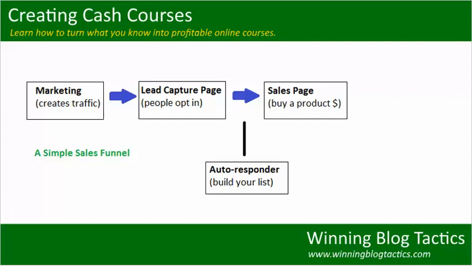From the lead capture page, after they opt in, they're taken to a sales page where you deliver on the offer you made on the lead capture page, and they get pitched to buy a product at the end of it. Now, in between the lead capture page and the sales page, what happens behind the scenes is that their information is added to an autoresponder, which is basically called list building. It builds your list automatically.